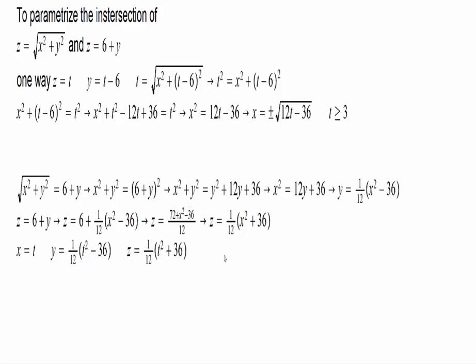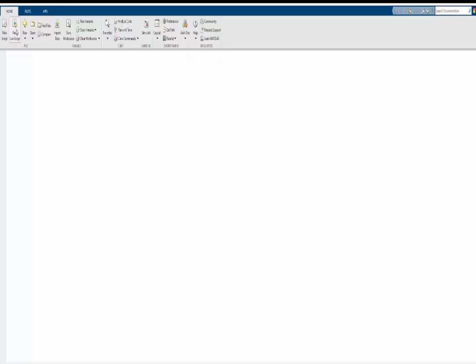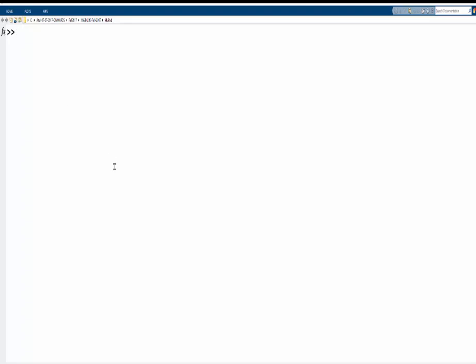So now we are going to go to MATLAB, and we are going to use what is called a live script to type the commands so that we can handle them more easily later on. All right, so now we have MATLAB, and I shall ask for a new live script.